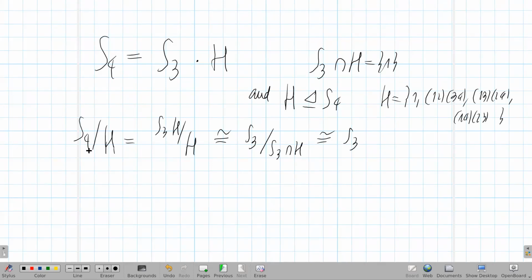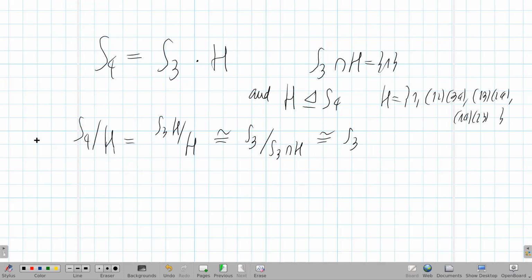So you have S4 over H isomorphic to S3. This is something that does not happen in the higher symmetric groups, because A_n becomes simple when n is at least 5. But here, you take the quotient of S4 over H, and it's S3, whose characters we know already.